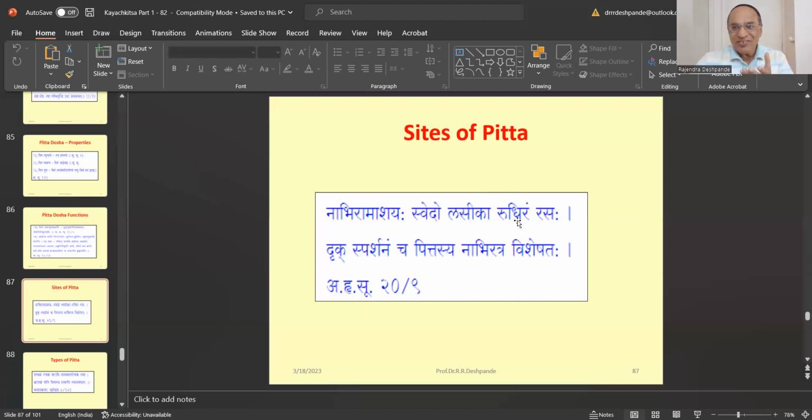Doshas are the bioenergies, and they require some matter to act upon the cells and organs. So blood is very friendly with the Pitta dosha when they are in a physiological state. But of course, dosha and dhatus can also have a bad relation, and that is called dosha dushya sammurchana. So the physiological relation exists as Ashraya Ashri Sambandha, and the pathological relation exists as dosha dushya sammurchana.